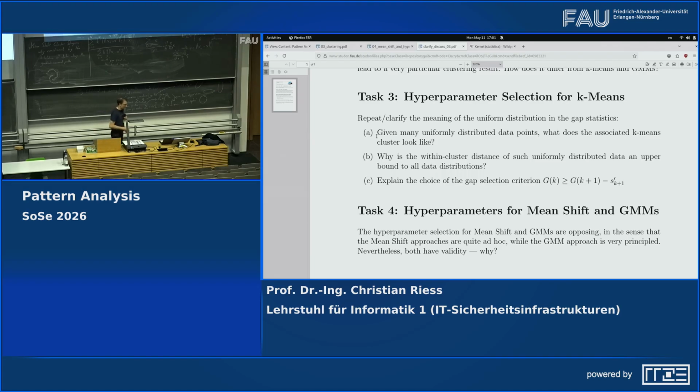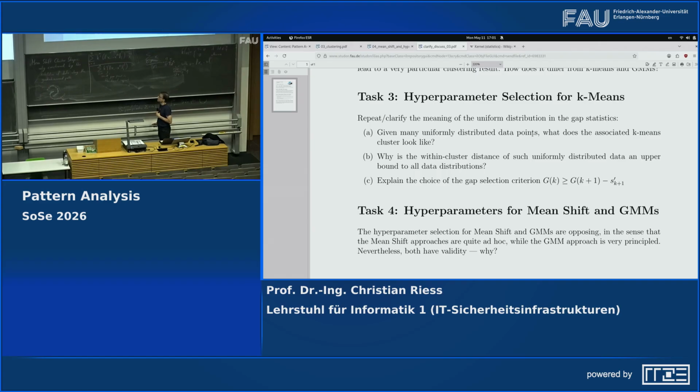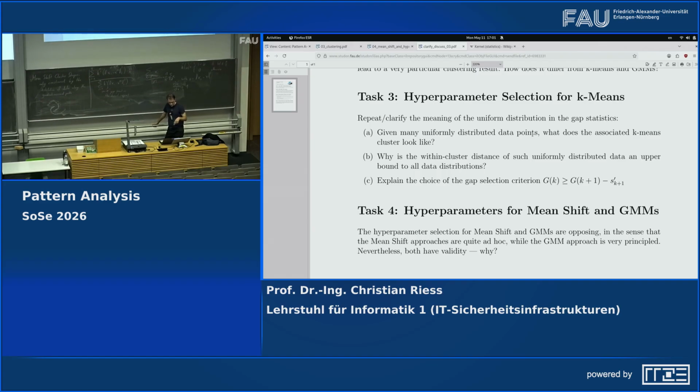So let's restate a couple of things. First of all, let's start with a set of uniformly distributed data points. I make a bit of space here, wipe the board, and then we have more space to draw things. In the meanwhile, think about these things.